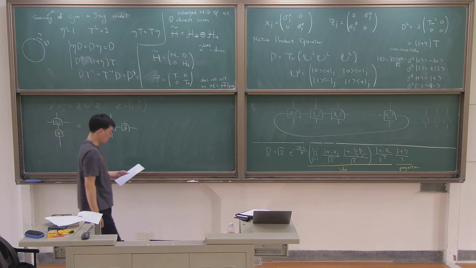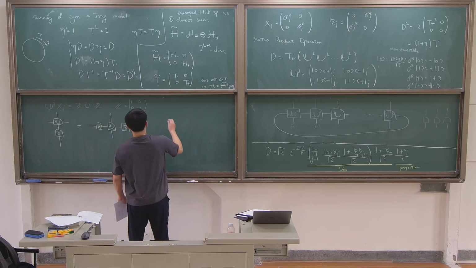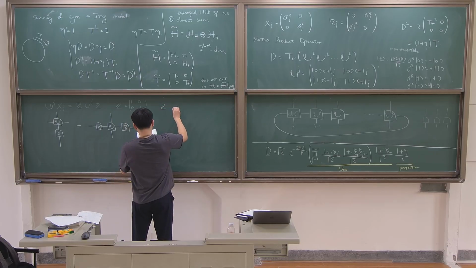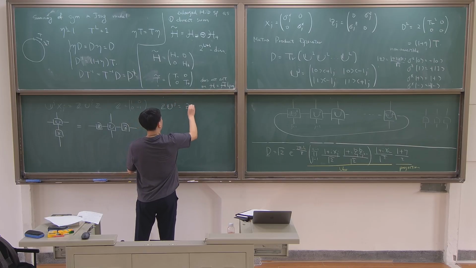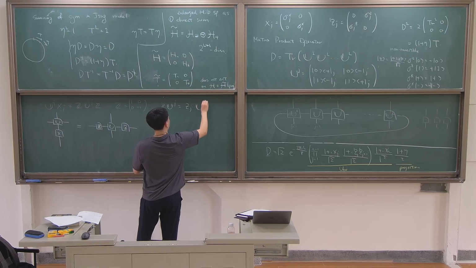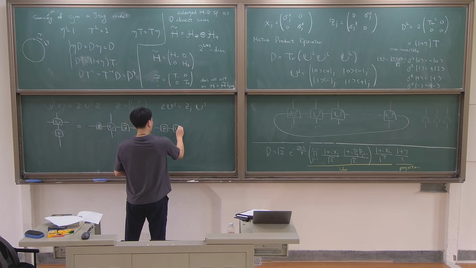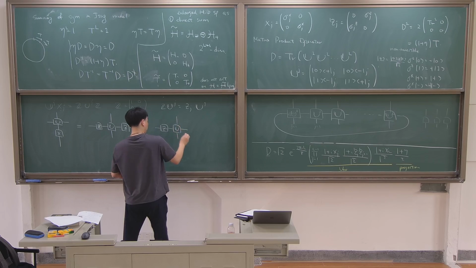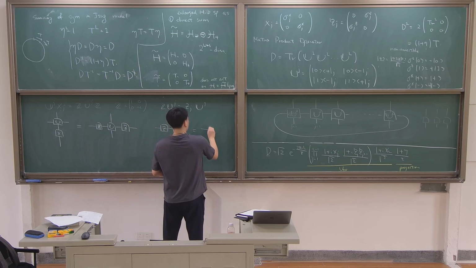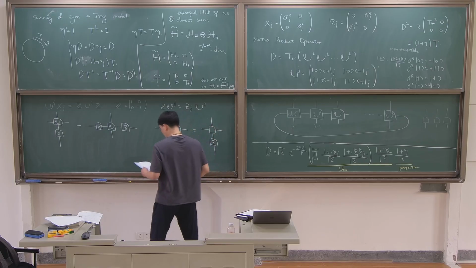Okay. And also one can show that Z acting on Uj is equal to Zj times Uj. This can be understood diagrammatically. This is Z acting on U from the left, which is equal to... like this.